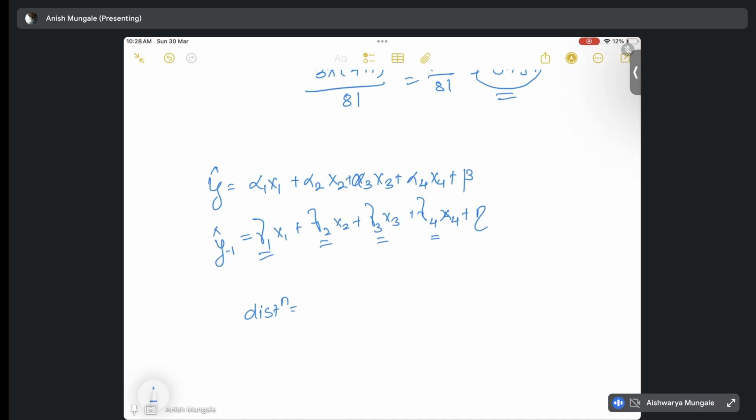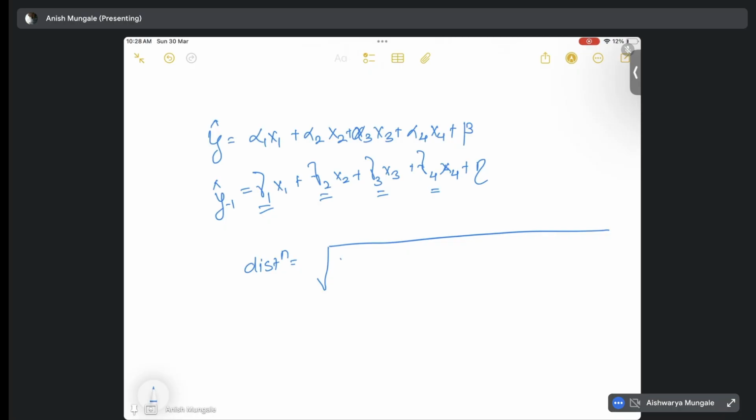That would be equal to the square root of alpha 1 minus gamma 1 square plus alpha 2 minus gamma 2 square plus alpha 3 minus gamma 3 square plus alpha 4 minus gamma 4 square plus beta minus eta square. Clear?